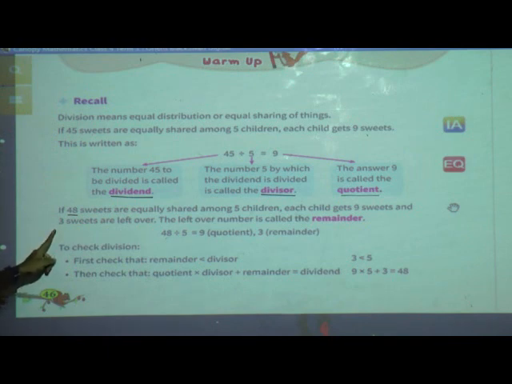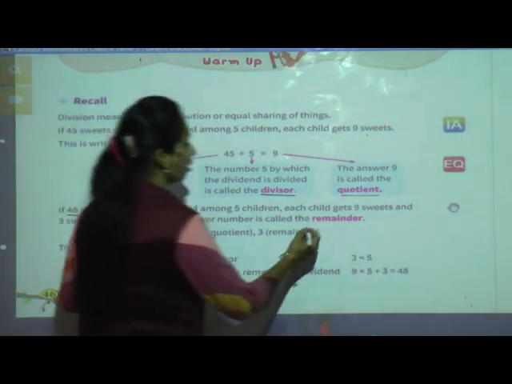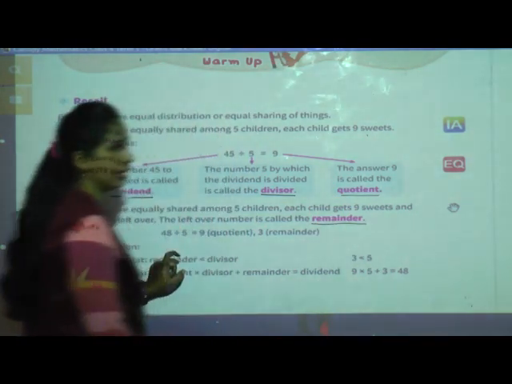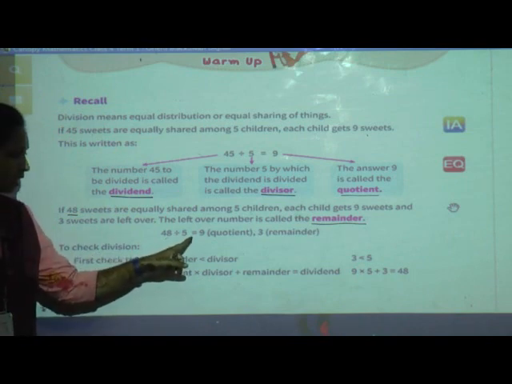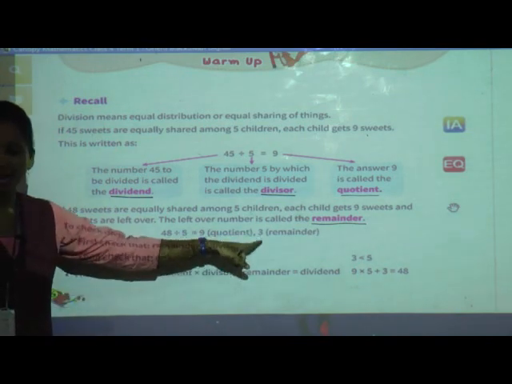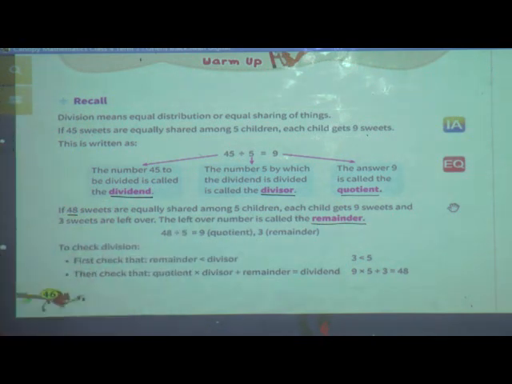Now 5 students are there and 3 sweets are left over, so we cannot distribute 3 sweets among 5. Each one will not get 1. So the leftover number is called the remainder. So 48 divided by 5 gives 9 as the quotient and 3 as the remainder.